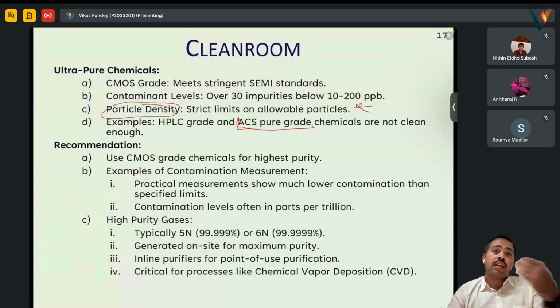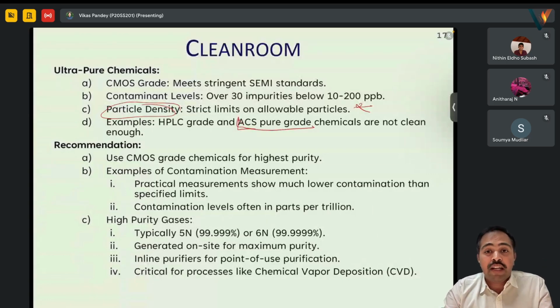The purity that the chemistry people maintain is not clean enough for us when we are going for semiconductor fabrication or microfabrication or nanofabrication. So we need even purer than that. So what to do in a clean room is to use CMOS grade chemicals for highest purity.